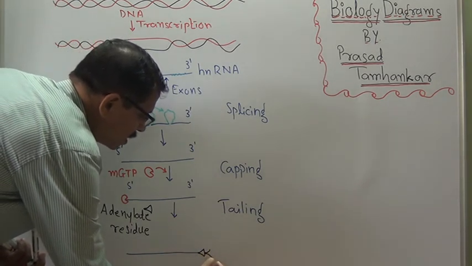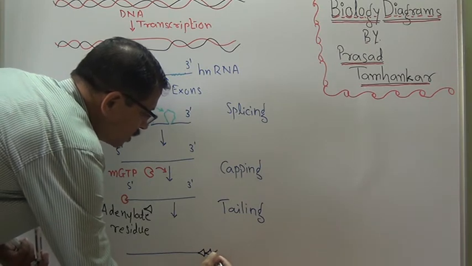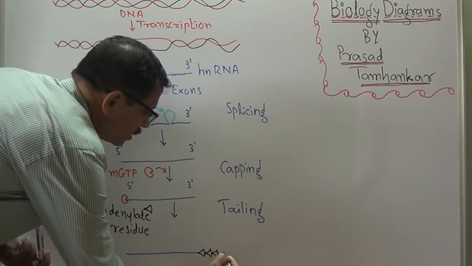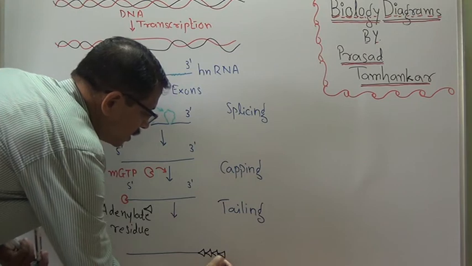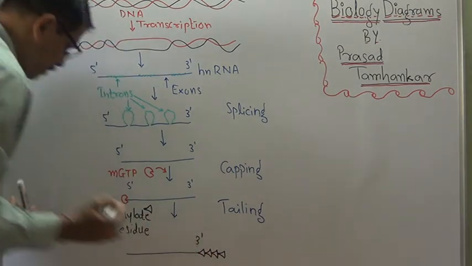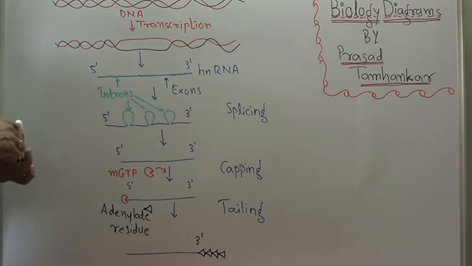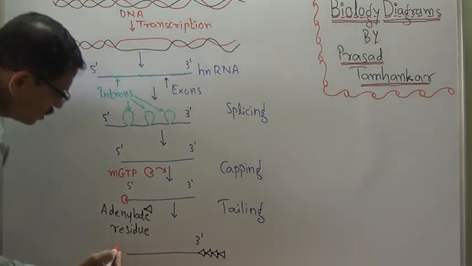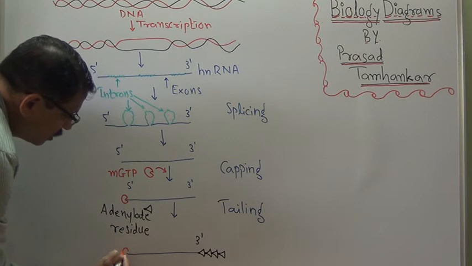It will take place n number of times. So this is the addition of adenylate residue at the 3' end, and at the 5' end we already have a cap fixed.